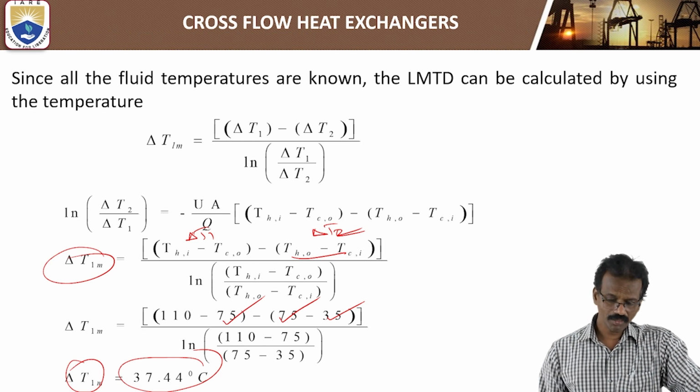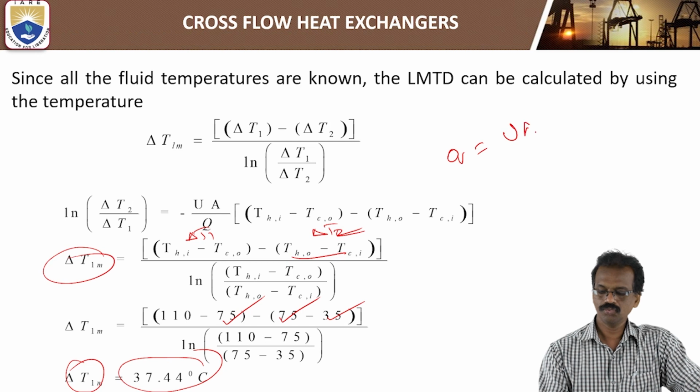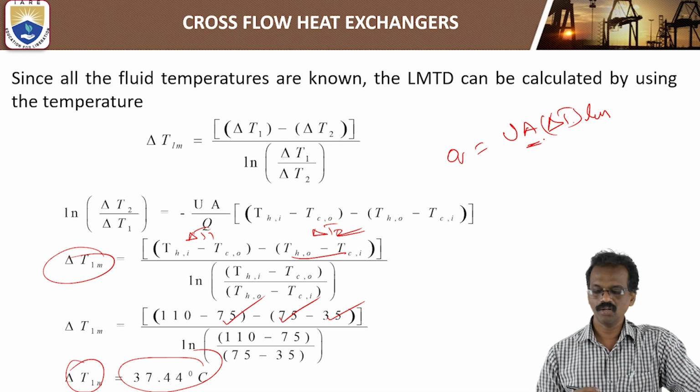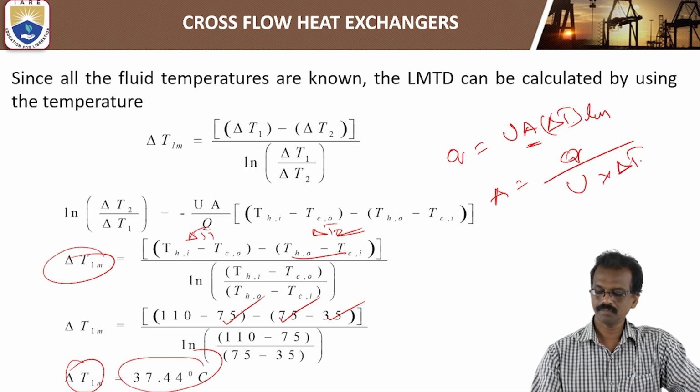Then you know the formula, Q is equal to UA into delta TLM. You have to find the value of area. Then area is equal to Q divided by U, the overall heat transfer coefficient, into delta TLM. Substitute the values.